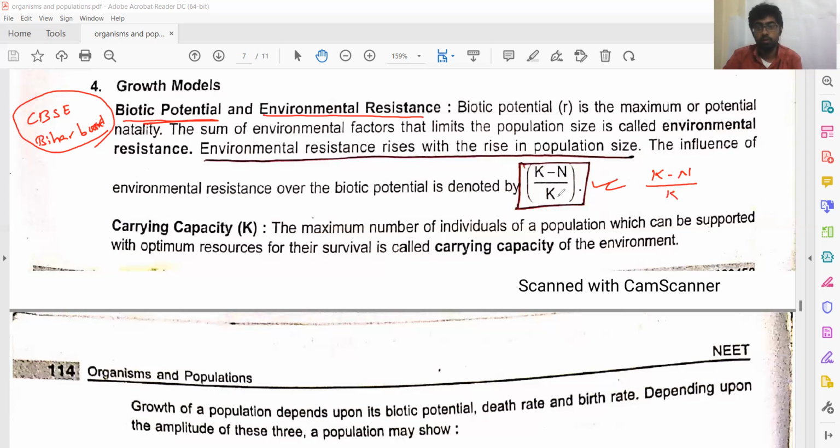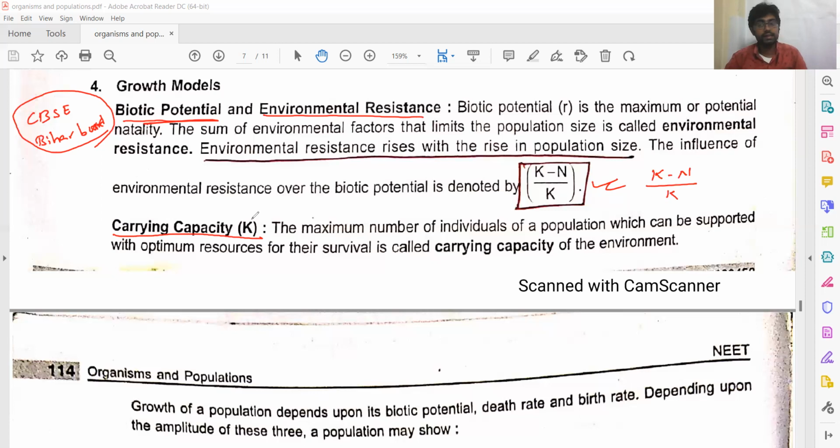Now what is K, what is N, we will deal with in the next paragraph. Now K is carrying capacity. Carrying capacity is the maximum number of individuals of a population which can be supported with optimum resources for survival.